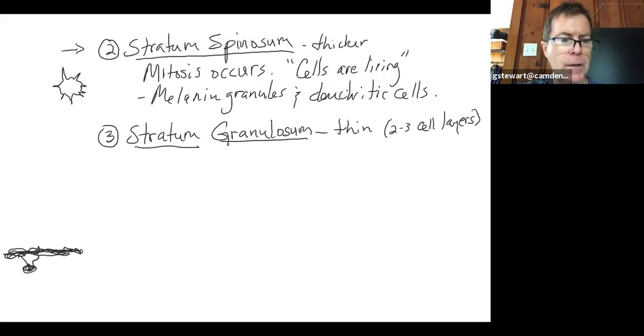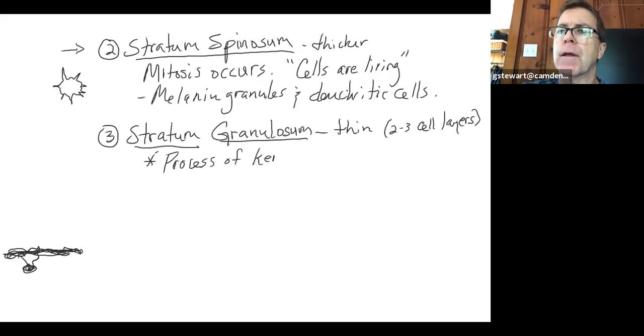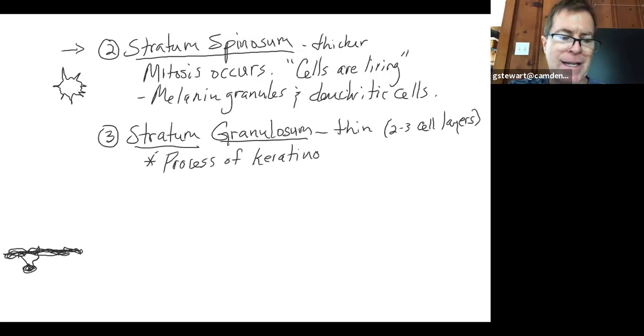The stratum granulosum gets its name specifically because there are 2 types of granules produced in the cytoplasm of the cells in this layer. So first and foremost, we have the process of what we call keratinization.